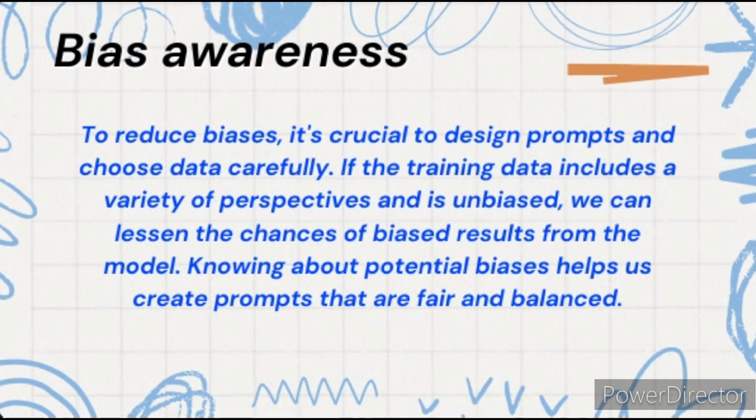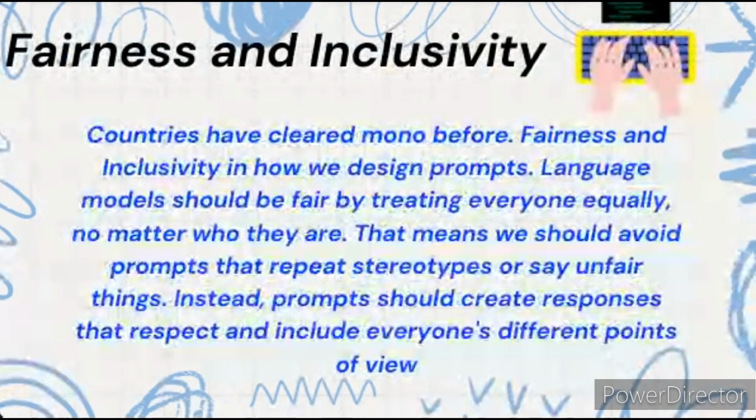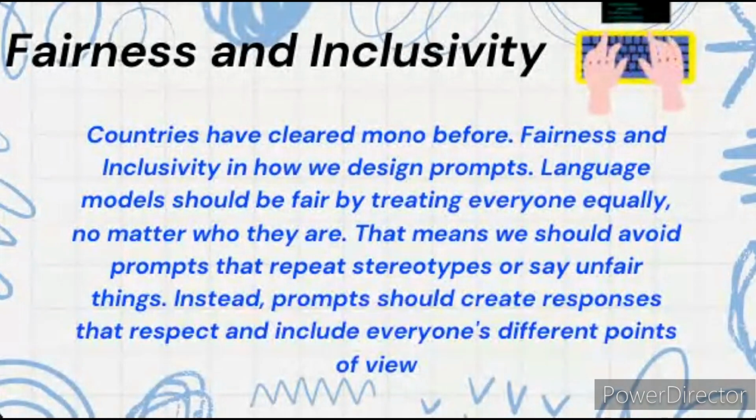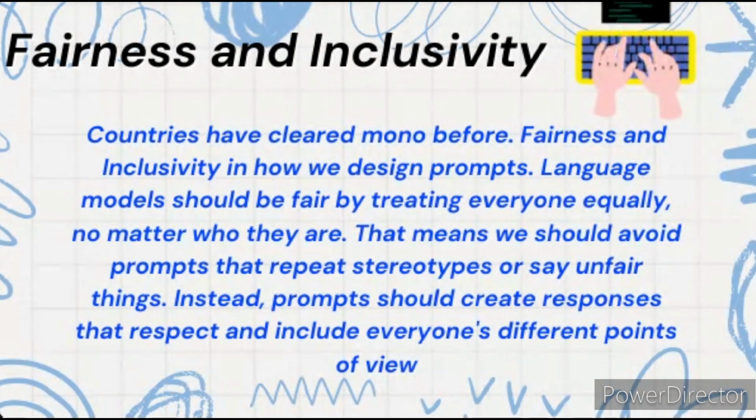Now, moving on to fairness and inclusivity. Now, let's talk about fairness and inclusivity in how we design prompts. Language models should be fair by treating everyone equally, no matter who they are. This means that we should avoid prompts that repeat stereotypes or say unfair things.